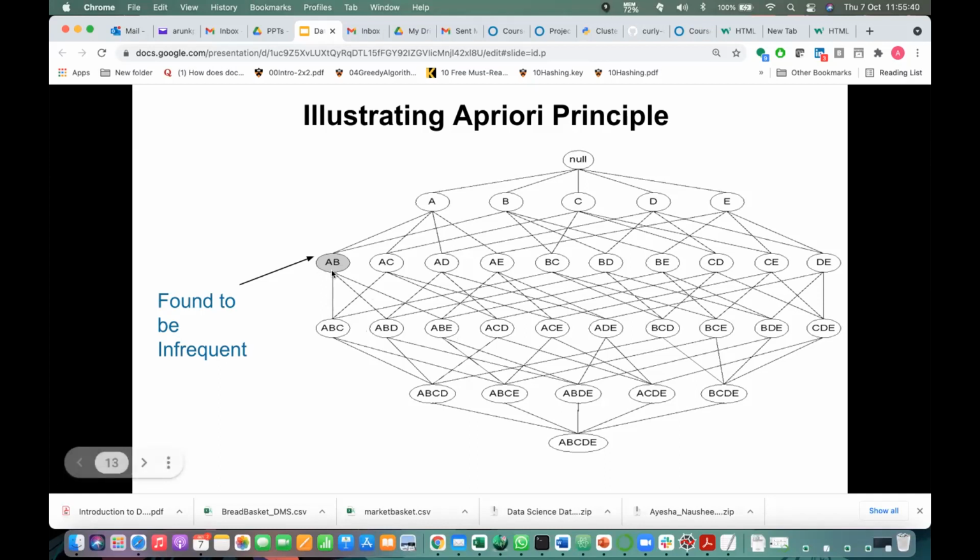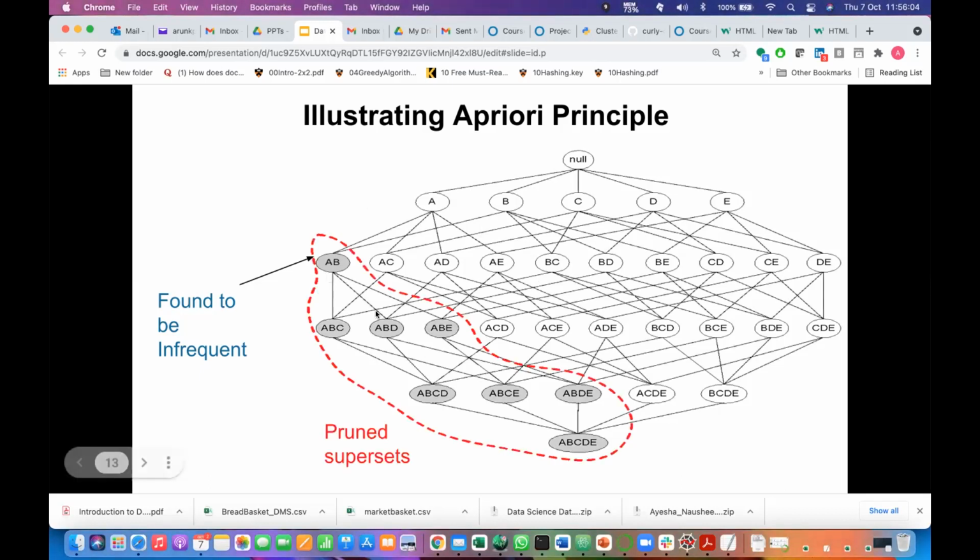Suppose you found AB itself is infrequent, ABC will also definitely be infrequent. They are supersets of AB, right? The subset itself doesn't have enough frequency, so how can supersets have more frequency than this? So they also will be infrequent. That's why we will cut down all these things.